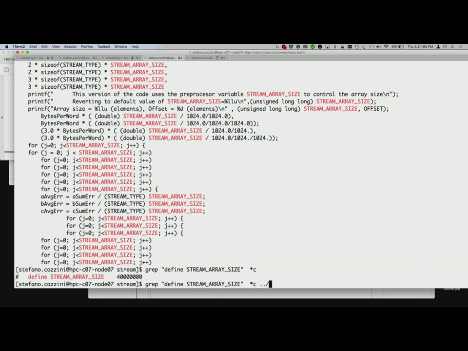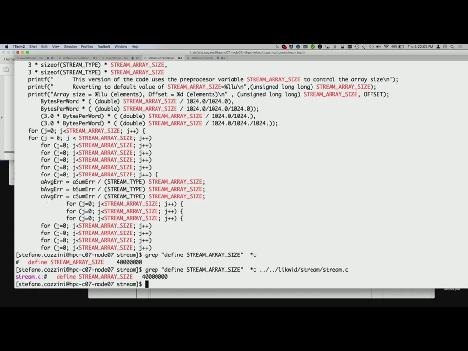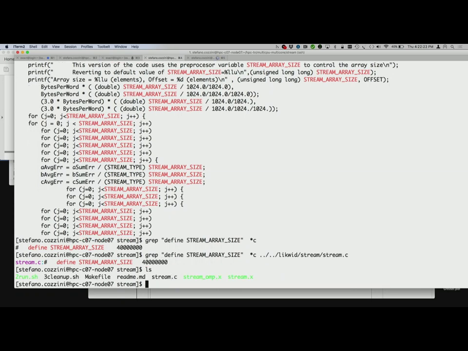And then, is it the same number? Yes. No? It seems the same. No, I thought that I missed that 0 or something like that.